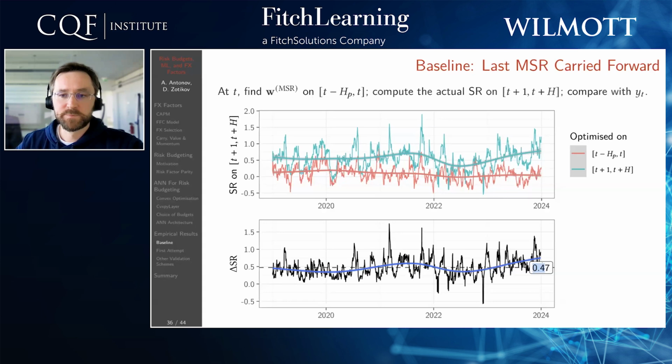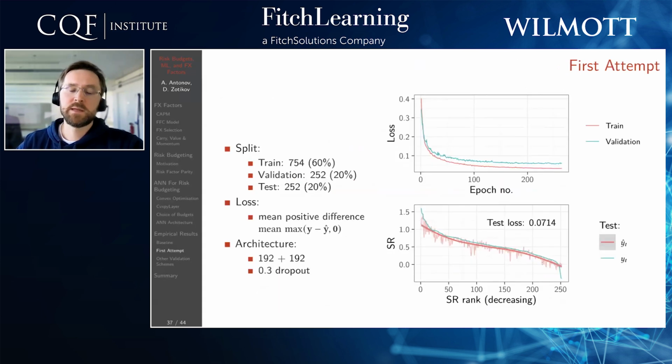So that's our baseline. Our first attempt was to make a 60, 20, 20 split using 5 years of daily returns, with mean positive difference as the loss function. Our net had 2 layers, 192 units each, and there was a dropout layer with a 0.3 dropout rate.